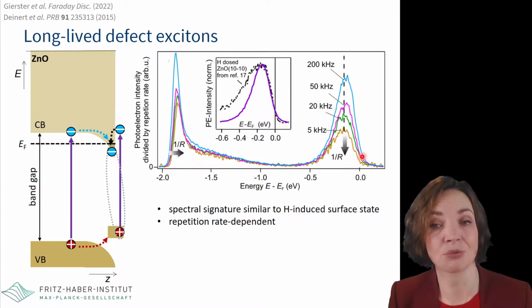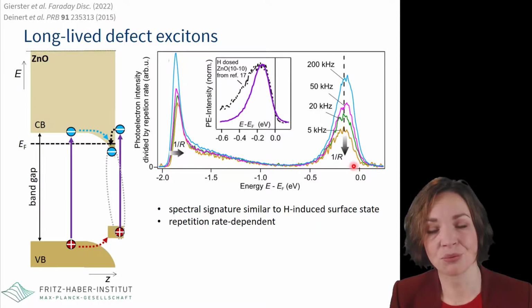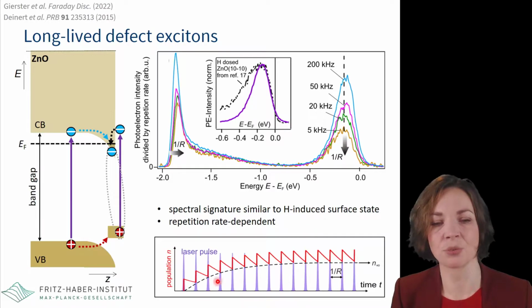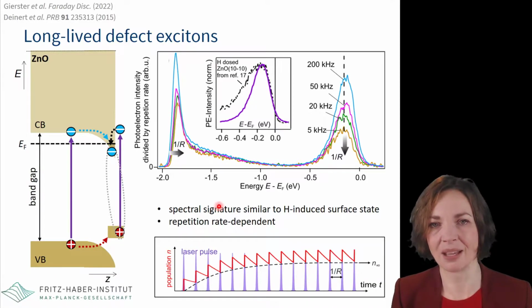It's actually being reduced as we reduce the repetition rate, as we enhance the difference between succeeding laser pulses, and this is why the state has more time to decay and must exhibit a lifetime on microsecond timescales.